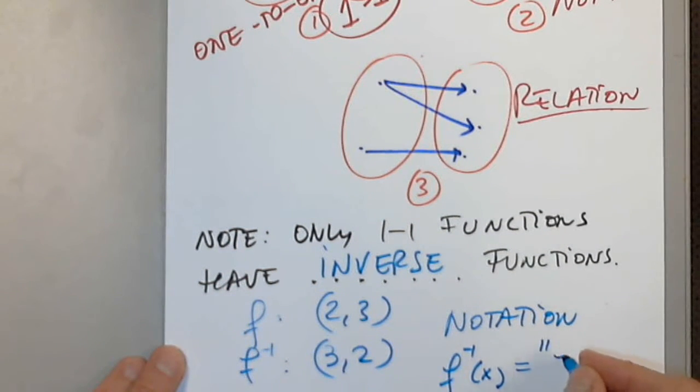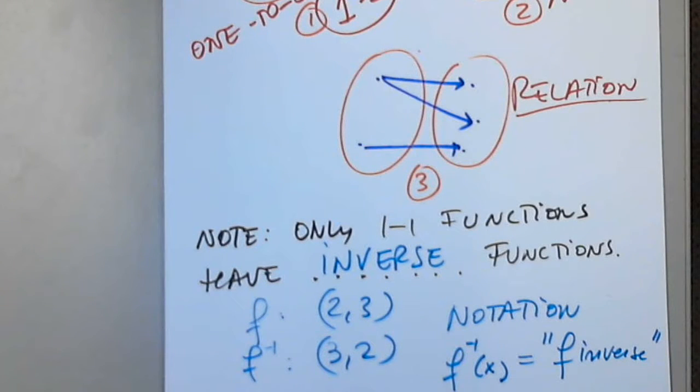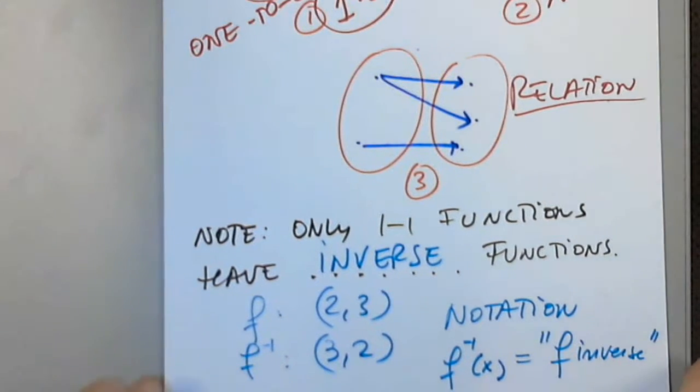This notation f inverse means the function that is the inverse function of f. Any questions? So one more time, if the function has the ordered pair 2, 3, the inverse function has to have the ordered pair 3, 2. Okay.